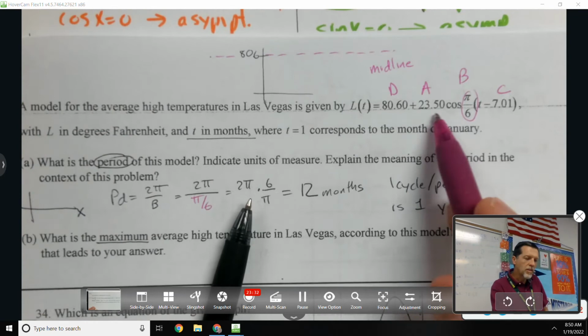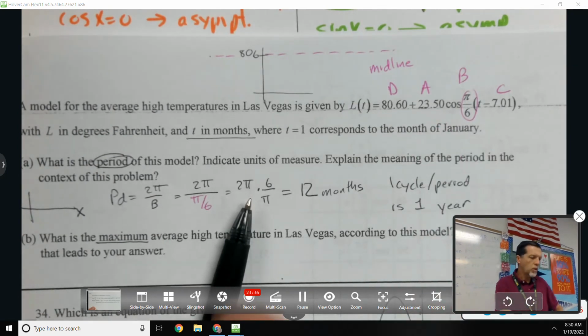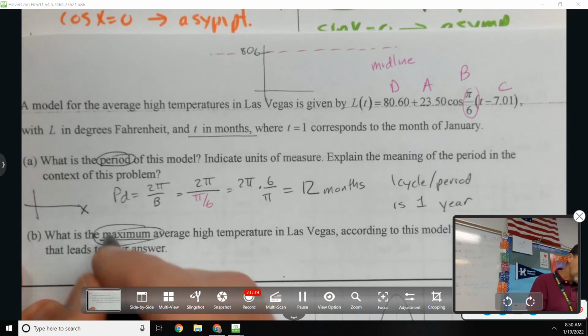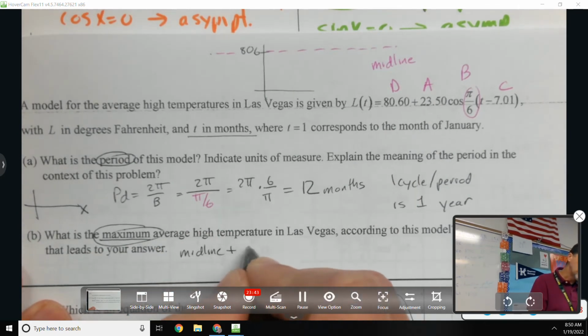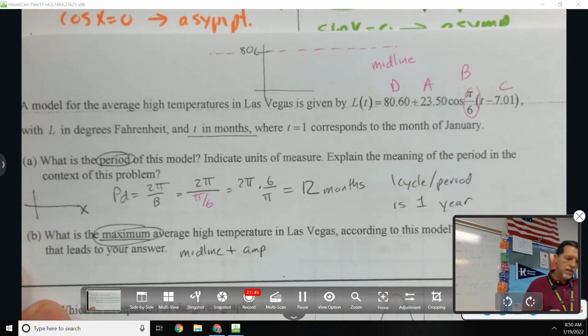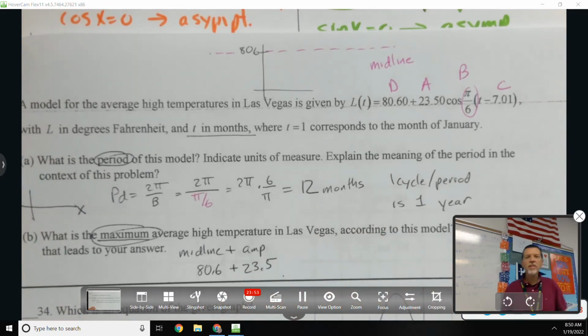A represents the amplitude, how far above and below we'll go. So if we want the maximum, I think that would be the midline plus the amplitude. All right, so we'll start at 80.6, and somewhere along the way we'll be 23.5 above that.